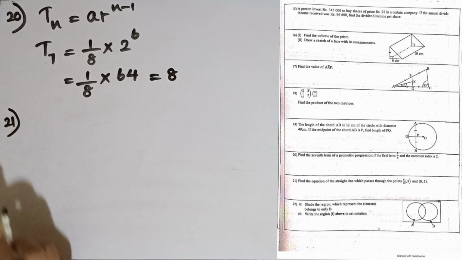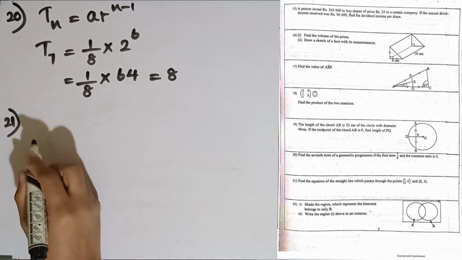Question number 21. Find the equation of the straight line which passes through the points half, comma 5 and 0, comma 3. First we have to find the m value here, the gradient.